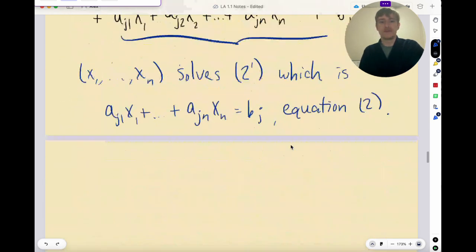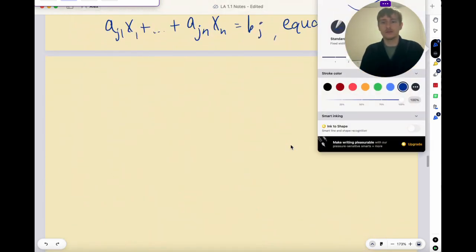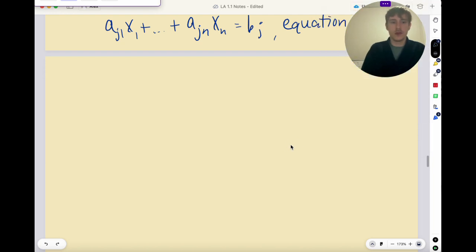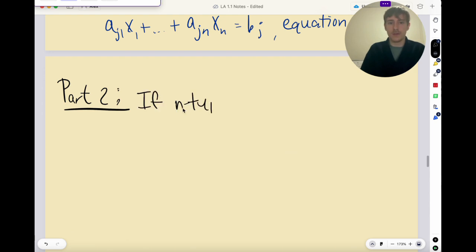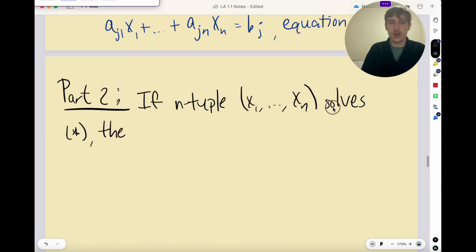Okay. So then part 2 of this proof would be to show that if the n-tuple x1 through xn solves the original system star, then it solves double star.